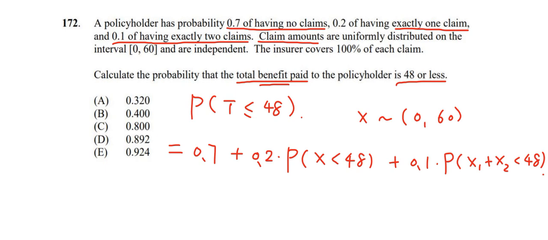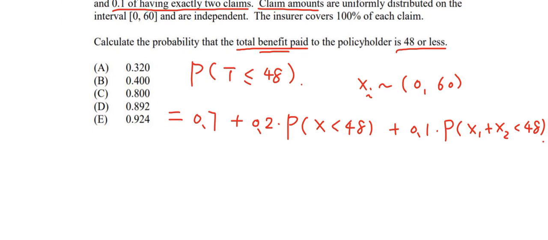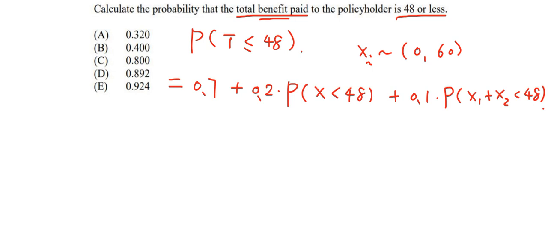So x1 and x2 also follow this uniform distribution. Okay, so for the one-claim probability, this is easy, right? So this is just equal to 40A over 60.